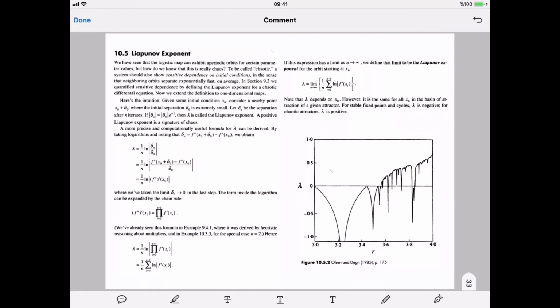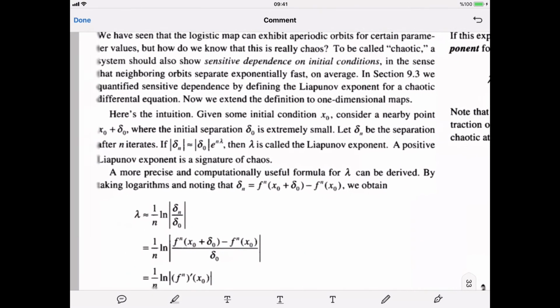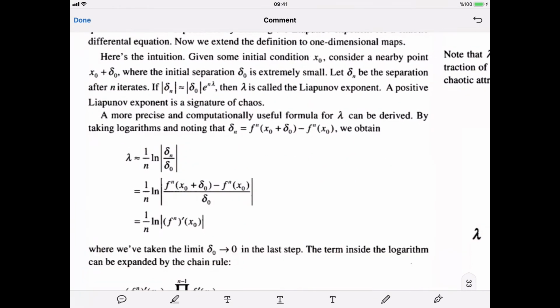So what was Liapunov exponent? Let's look over here. So if you start with x0, let's say you find x1, x2, x3, etc., right? What if you start with x0 plus delta x0, very tiny bit of change, okay? Then it will be carried to the other iterations, right?